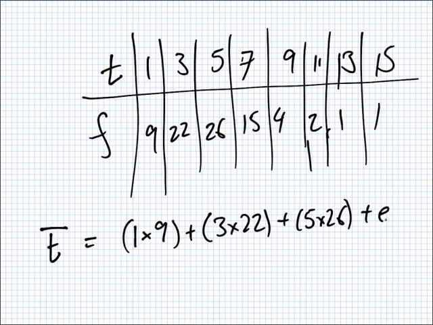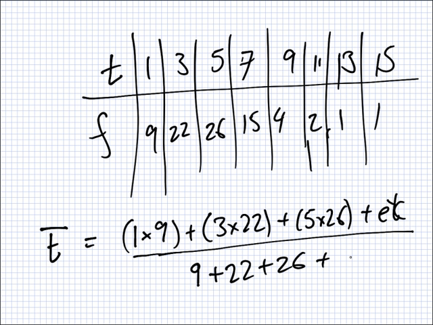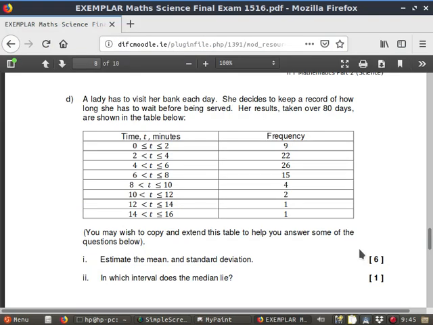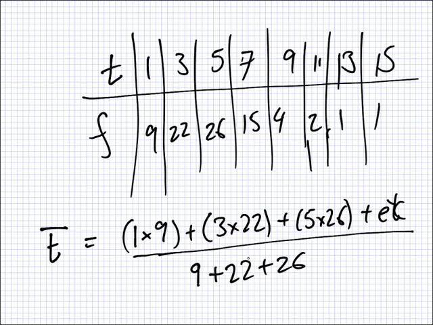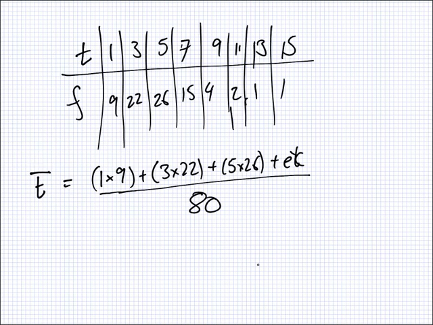And then this continues until the end, all over. So what's on the bottom here? 9 plus 22 plus 26, etc. 80 in total, I think. They always give it in the question, so we can save a bit of time and just write 80 there.